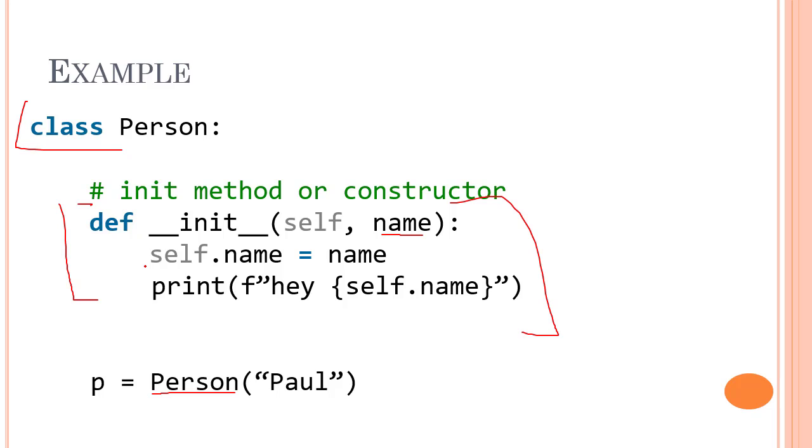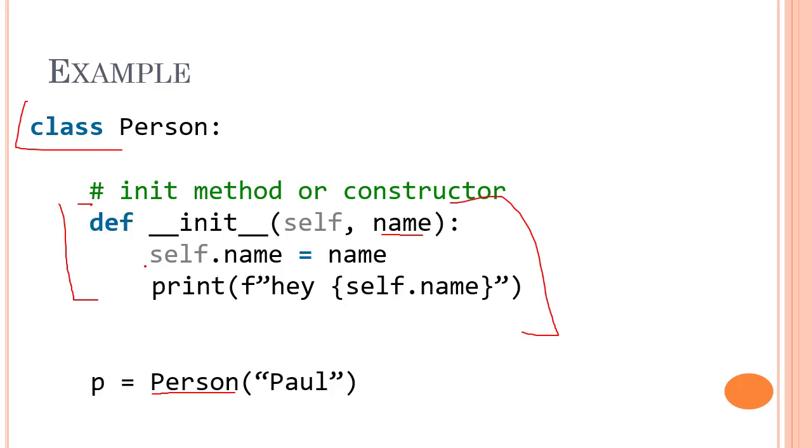In this example, a person named Paul is created. While creating a person, Paul is passed as an argument. This argument will be passed to the init method to initialize the object. The keyword self represents the instance of a class and binds the attributes with the given arguments.